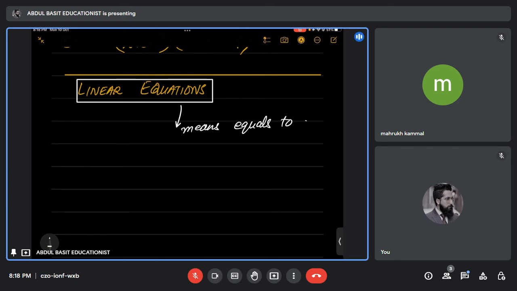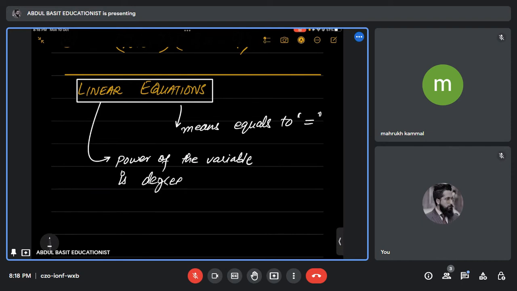This is the sign for equals to in maths. And linear means an equation in which the power of the variable is degree 1. This is the meaning of a linear equation.